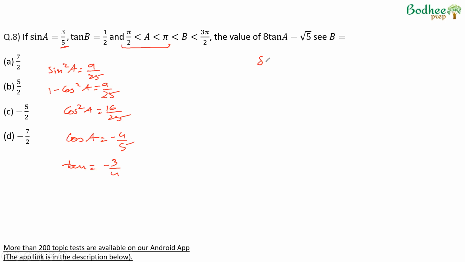So here I write 8 into minus 3 by 4, minus, would be sec, not C, sorry. Tan B. Tan B is half. B is in the third quadrant, so tan will be positive. Tan B is half, so tan square B will be 1 by 4.